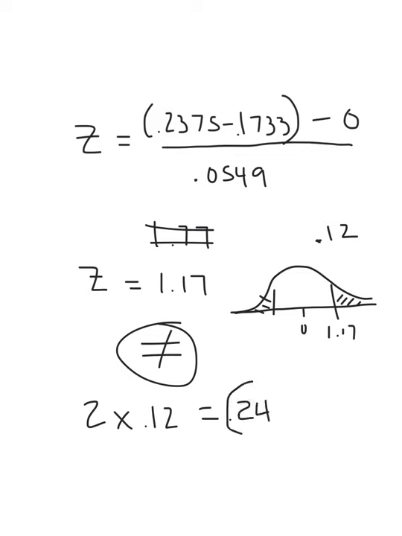Okay, what do we do with that? Well, if the null hypothesis was true, there's about a 25%, 1 out of 4 times we would get a difference like this if the null hypothesis were true. Now, we're not going to say that the null hypothesis is true. We're just going to say we're going to fail to reject the null hypothesis.